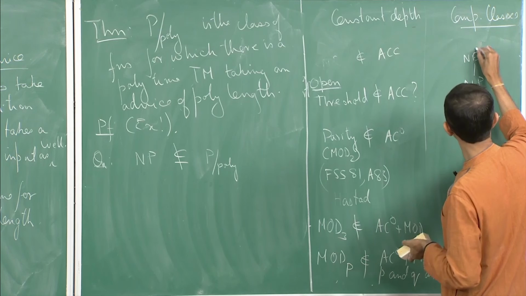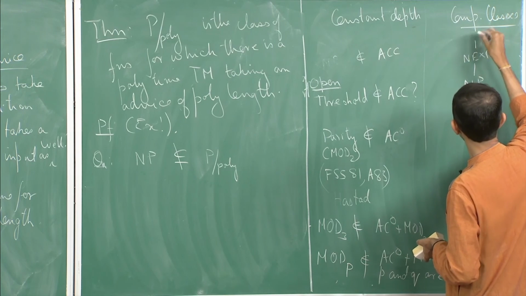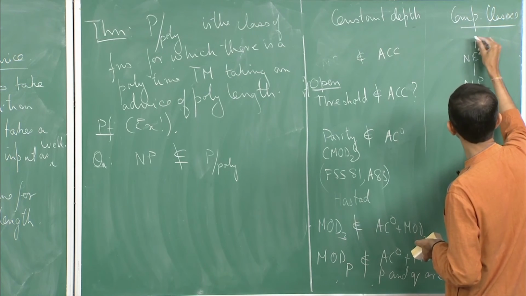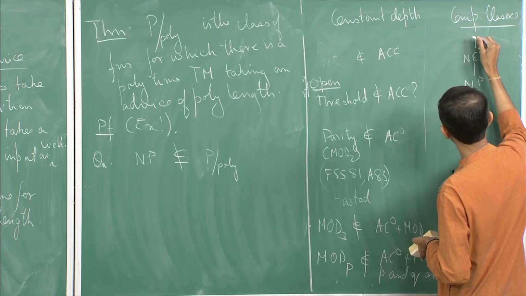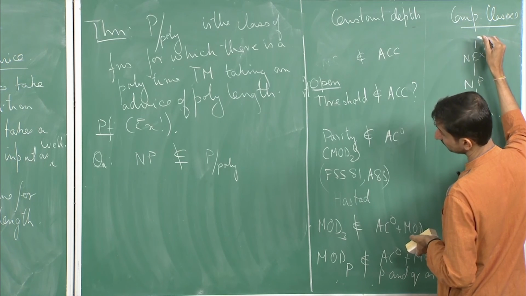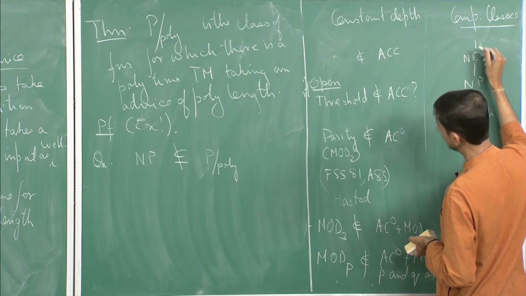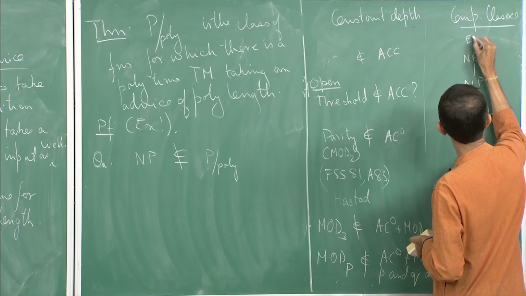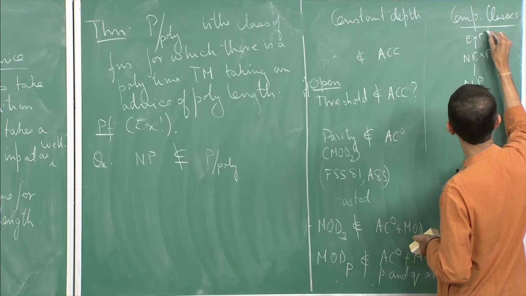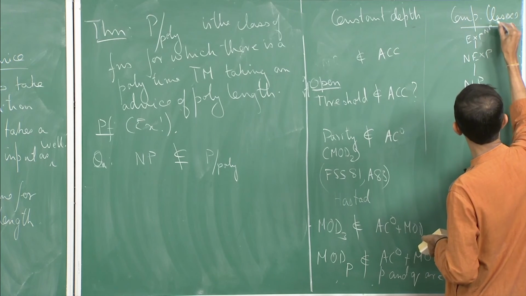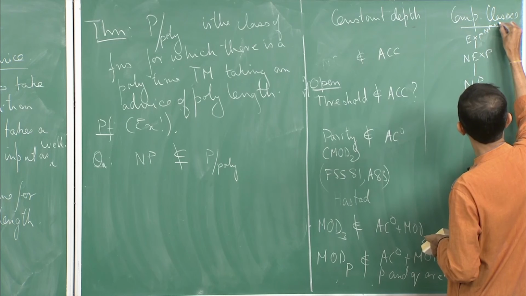The best that was known is, the first thing that was known is, if you have something in EXP to the power NP to the power NP.